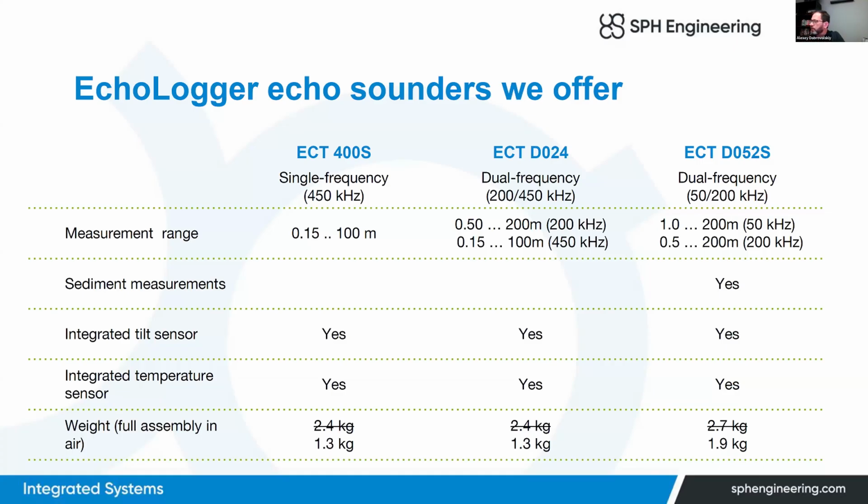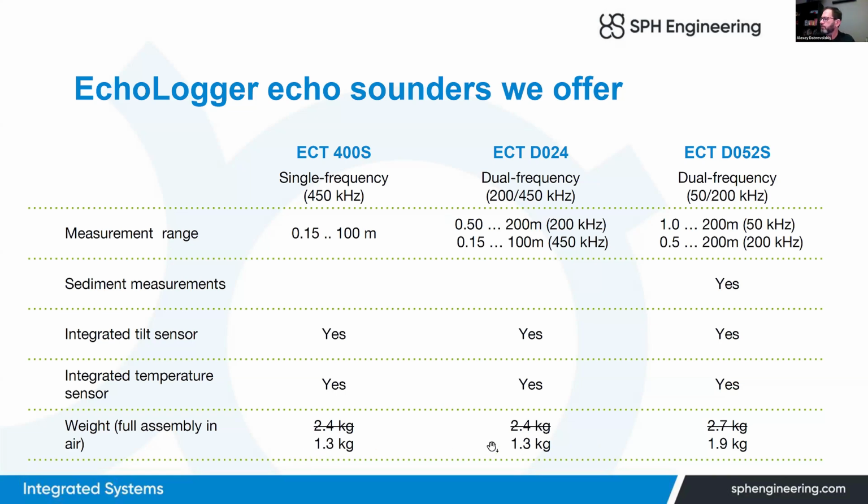Also, inside the echo sounders, we have a temperature sensor. It is the easiest way to make corrections for the sound velocity if we don't have a sound velocity profiler. You can easily find reference tables on the internet with the sound velocity depending on the temperature for freshwater and for seawater. And here is the data for the weight of full sensor assemblies.